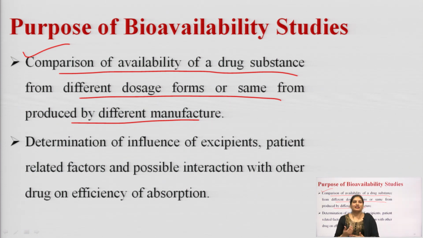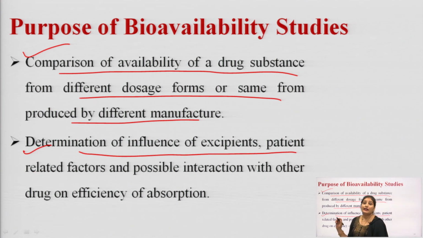Next is the determination of the influence of excipients or patient related factors and possible interaction with other drugs on efficiency of absorption. Another objective is the determination of influence of excipients, meaning there are a lot of excipients that can be used in the dosage form, and a particular excipient provides certain characteristics or properties to the dosage form. So, if we want to determine the effect of that excipient, then there is a need of bioavailability study.